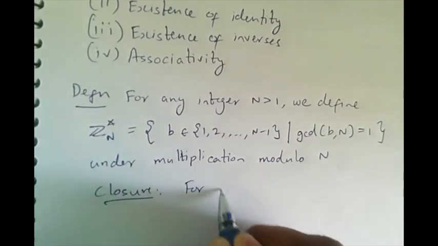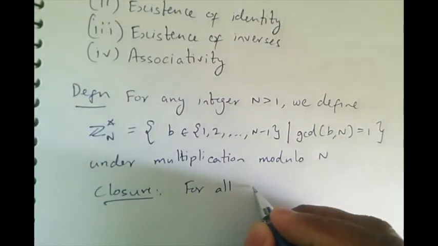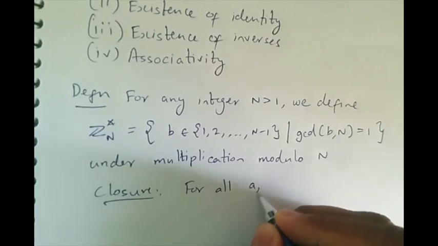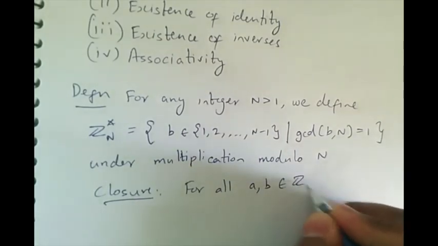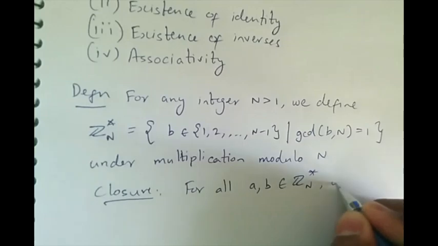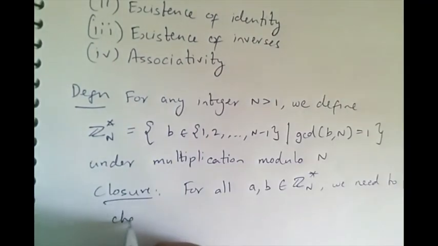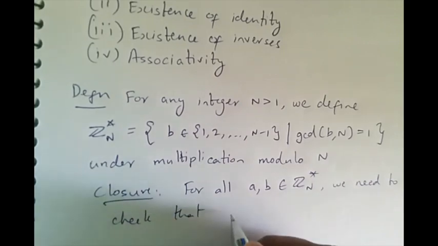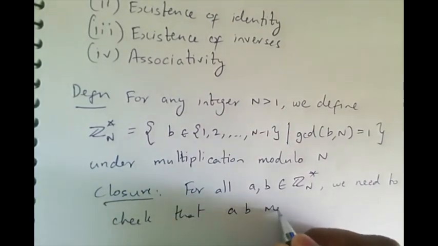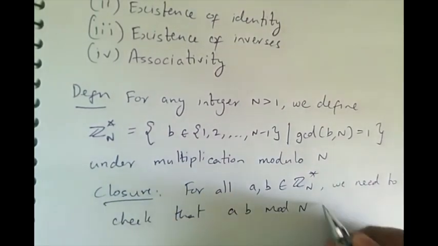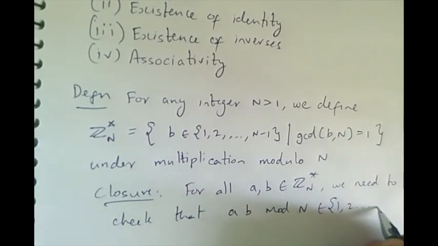For all a, b in Zn star, we need to check that a times b modulo n belongs to 1 to n minus 1.